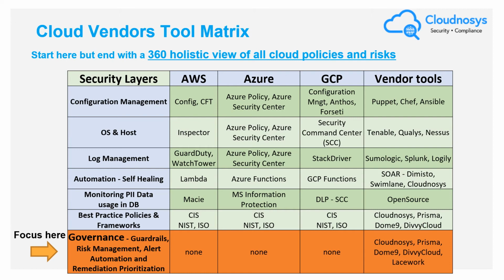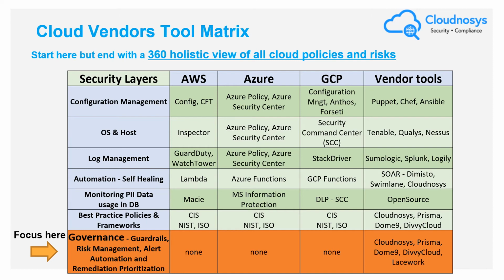We go to companies and say, "Hey, are you using CIS?" They say, "Yeah, we are." And we say, "Okay, how's it going?" And they say, "Well, the scores are very low." And we say, "Why are they low?" Well, that's because it's very hard to remediate and find things because there are just too many of them. So basically, what they're saying is that we don't have governance, we don't have a remediation prioritization process in place.